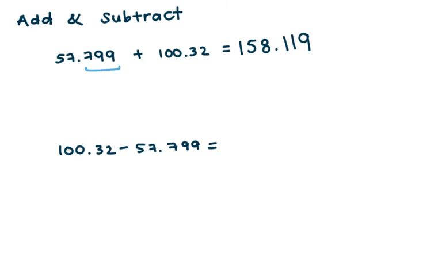So right here, you have 3 sig figs. Right here, you have 2 sig figs, which means that for my answer, I only want 2 sig figs after the decimal point. And since this is 9, I'm going to round up, so my answer will look like this: 158.12.